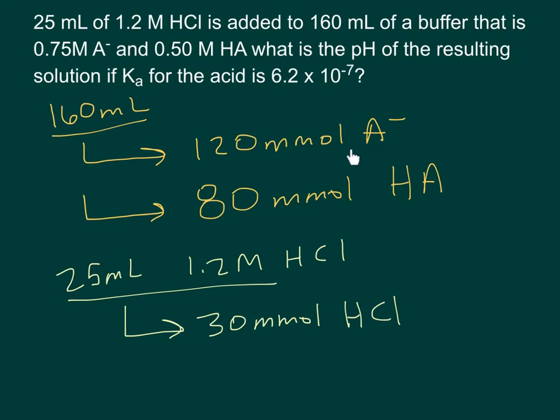The best base in this scenario, yes, there's water around, but A- is going to accept an H+ from HCl. And when A- accepts an H+, it will become HA. So really, this problem is all about decreasing the amount of A- in the buffer and increasing the amount of HA in the buffer, and then finding the pH. I like to do this in my I row, as you'll see below.